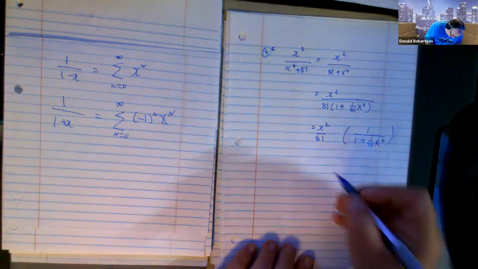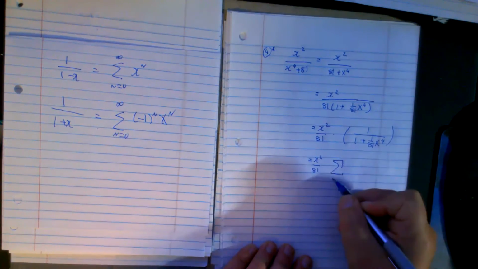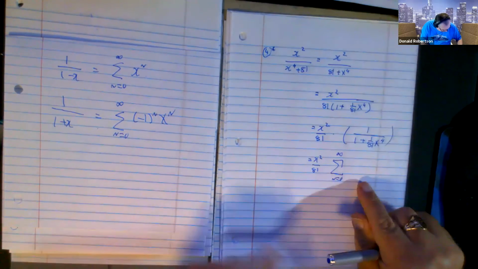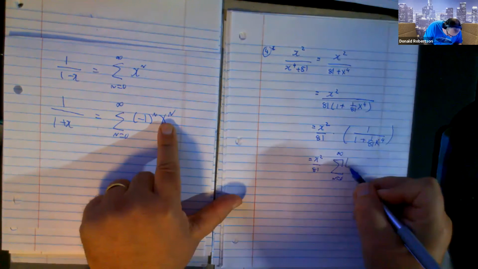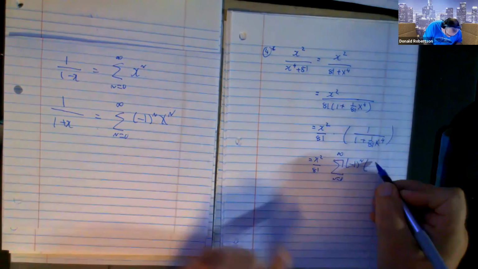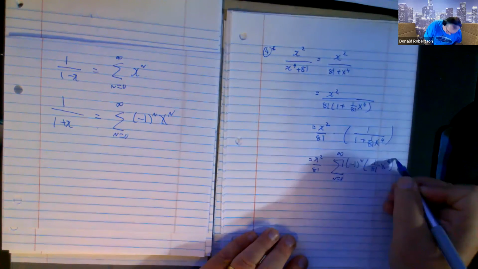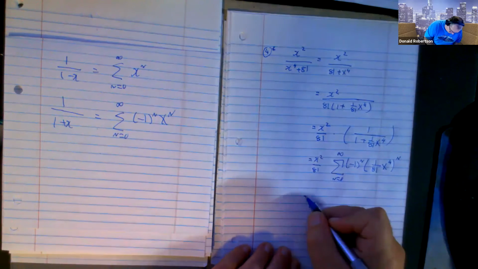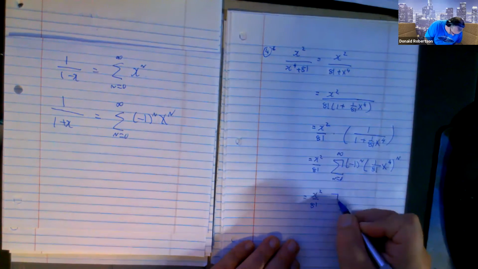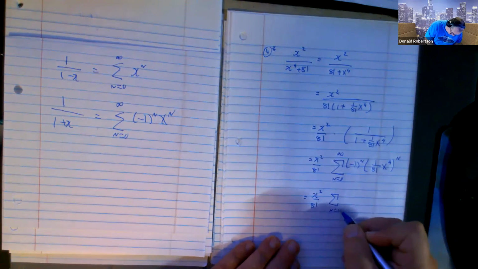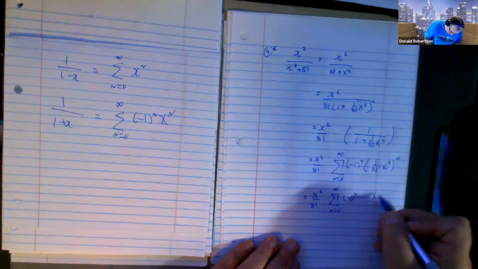So what you've got to do is essentially replace this x with that mess. So it's going to be (-1) to the n, 1 over 81, x to the 4 raised to the power of n. x to the 4n.